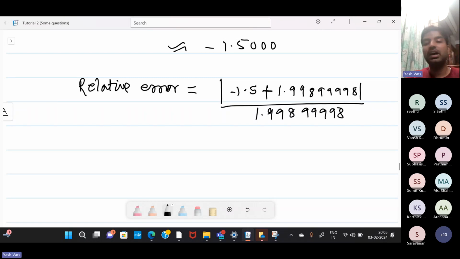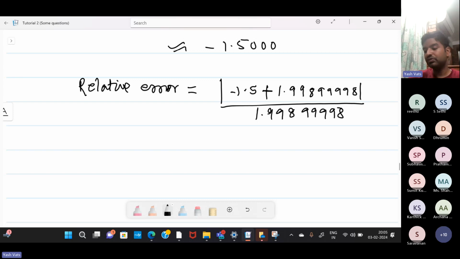So what should be the answer? Let's see. Wait a second. Minus 1.5 plus 1.99899998 divided by 1.99899998.